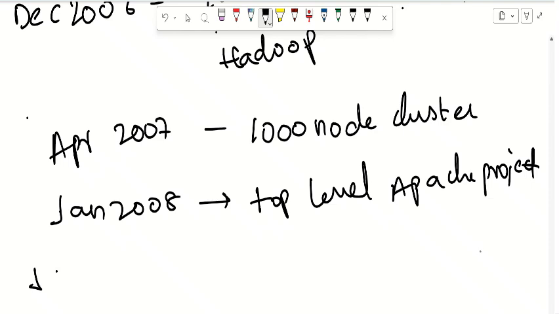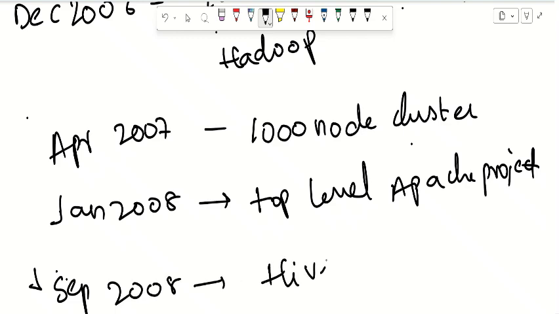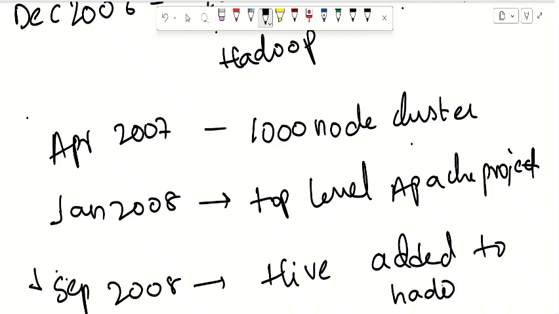And in September 2008, Hive was added to Hadoop as a contributed project.